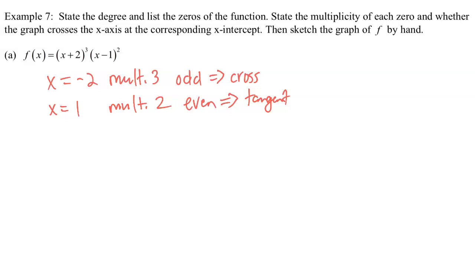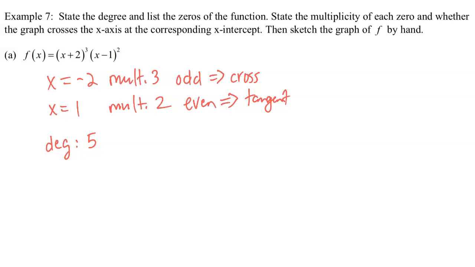Now, when you find the degree of a polynomial, all you really have to do is add up the multiplicities of the zeros. And so if we have a multiplicity of 3 and a multiplicity of 2, adding those together tells me that the degree of my polynomial is going to be 5.